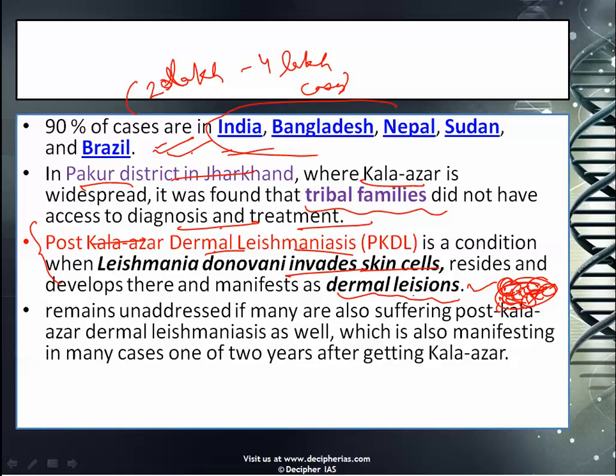It remains unaddressed also if it is not cured properly, and it comes out 1 or 2 years after the normal Kala-Azar. So 1 or 2 years after the normal Kala-Azar, this PKDL or post Kala-Azar dermal leishmaniasis comes out.